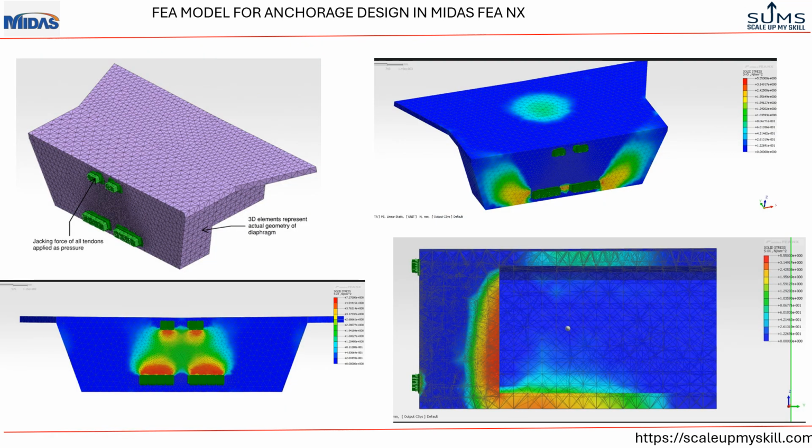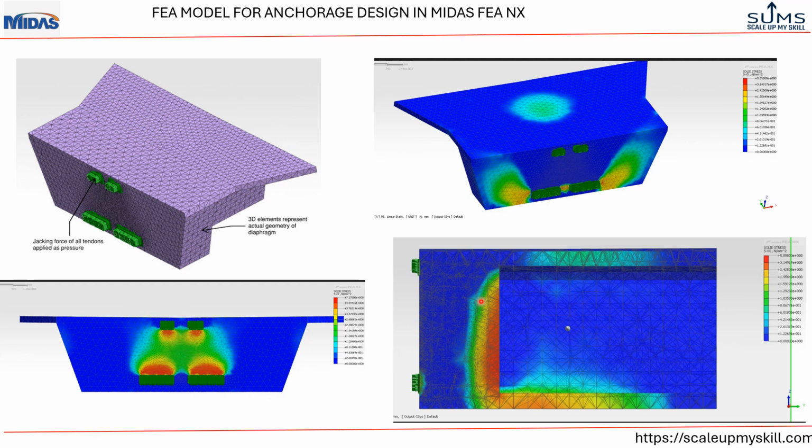This slide presents the FEA model for anchorage design in Midas FEA NX. So a portion of the bridge deck is modeled in FEA NX as a 3D element, and here the other side of the bridge deck is restrained in X, Y and Z directions, and at the anchorage side, a pressure due to the anchorage of the tendon is applied as a pressure load here, and then stresses are determined, and these are the stresses from the FEA model.